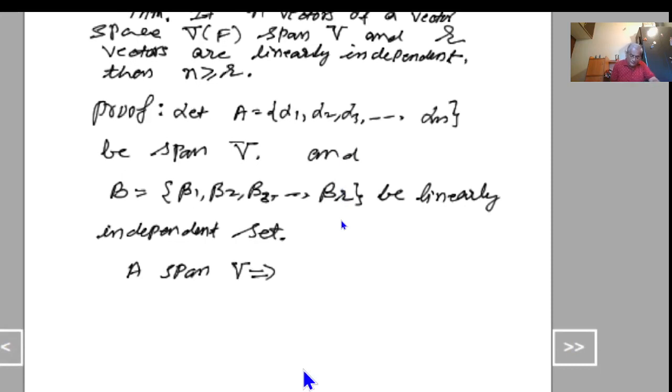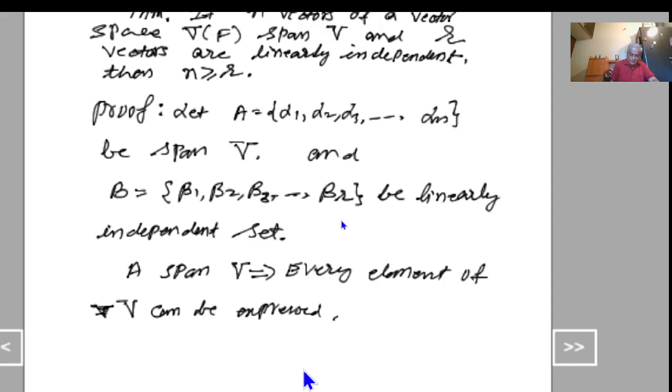What does this imply? It implies every vector or every element of V can be expressed as a linear combination of the elements of A. Elements are vectors.